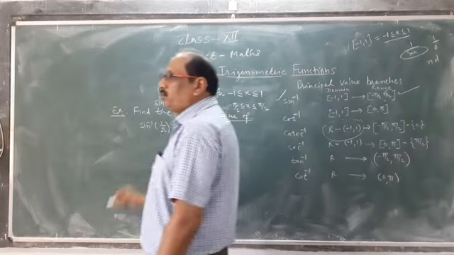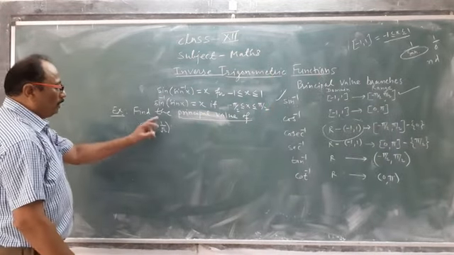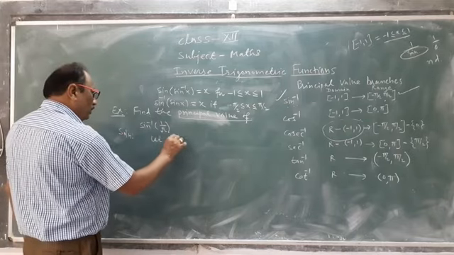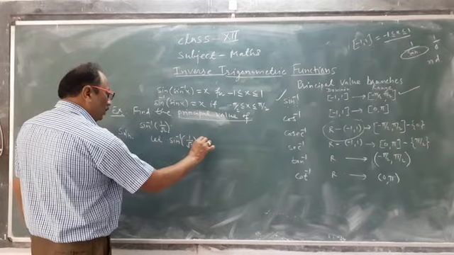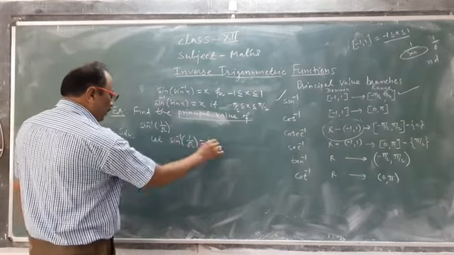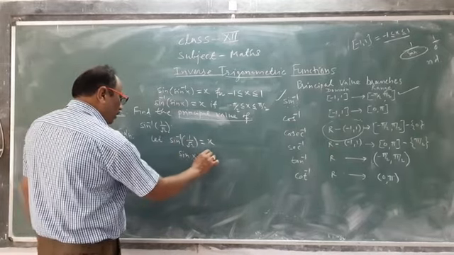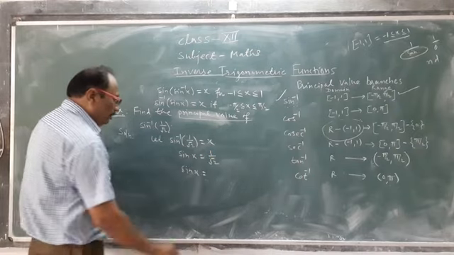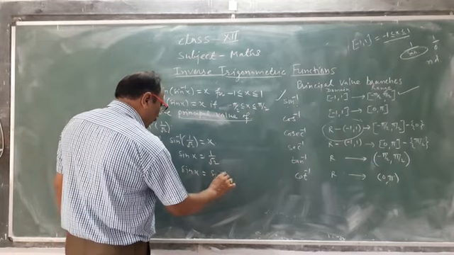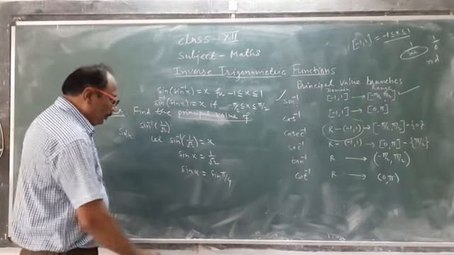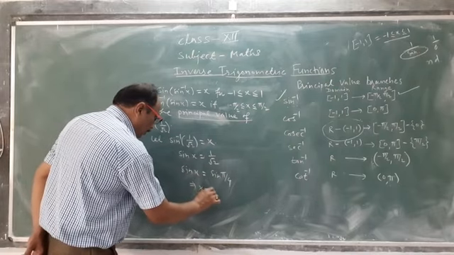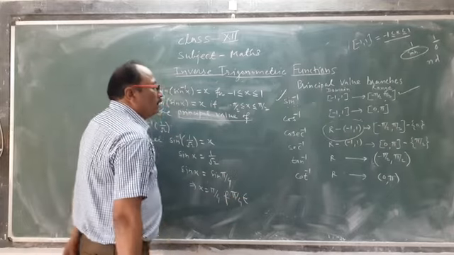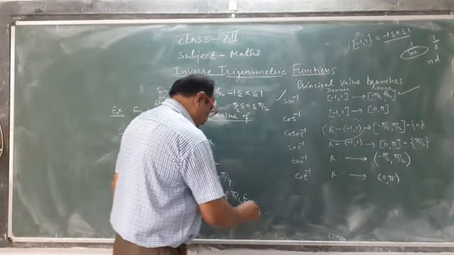Let me try to solve the example. Sin inverse of 1 upon root 2. Let sin inverse of 1 upon root 2 be equal to x. Then sin x is equal to 1 upon root 2, which means sin x is equal to sin pi by 4. Therefore x is equal to pi by 4, and pi by 4 belongs to minus pi by 2 to pi by 2.